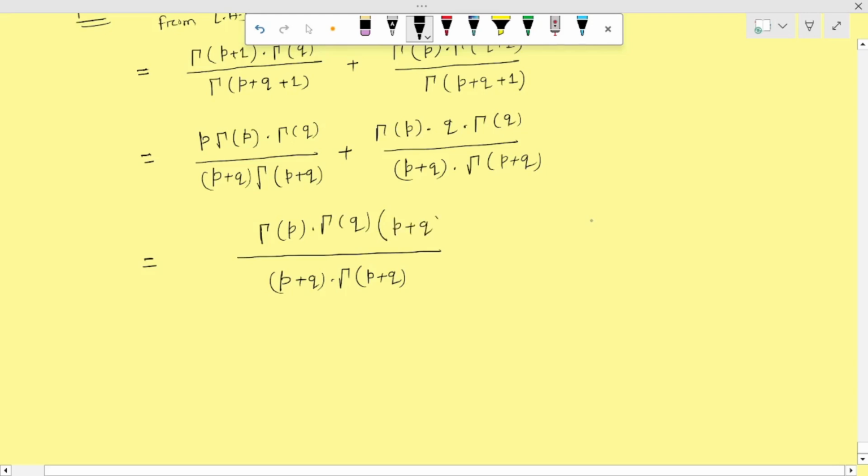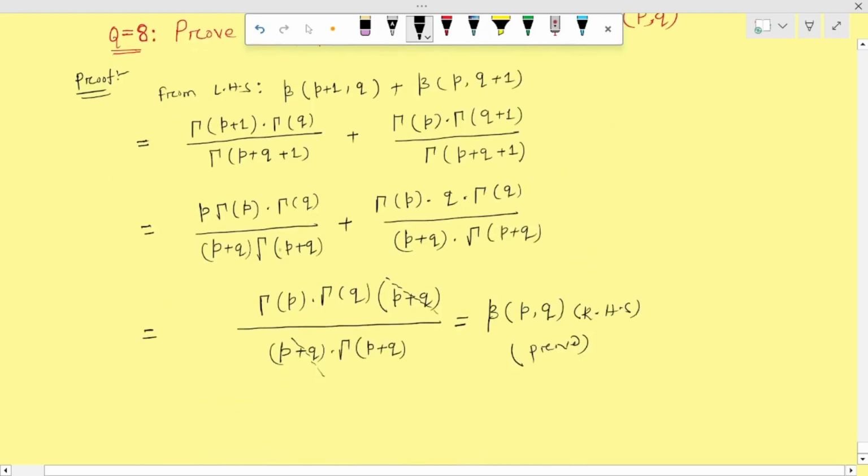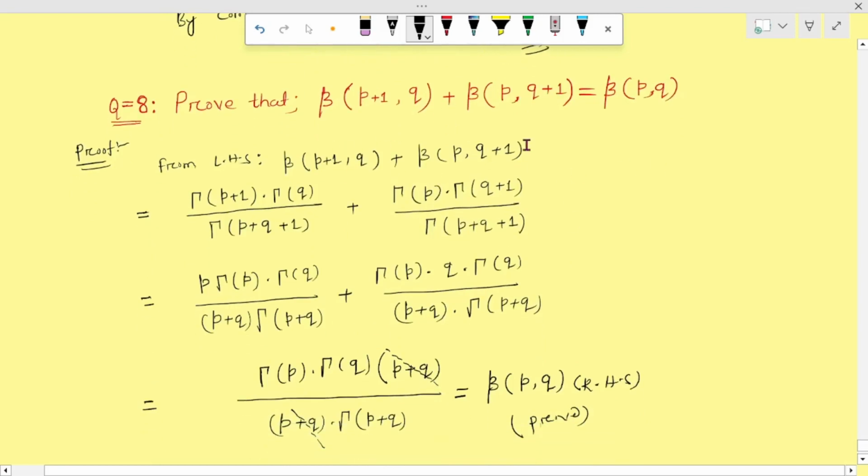Here p plus q got cancelled, and we found gamma p into gamma q by gamma p plus q, which is nothing but your beta p q, which is your RHS value. Hence proved. So from LHS, in just three steps, we proved the RHS.